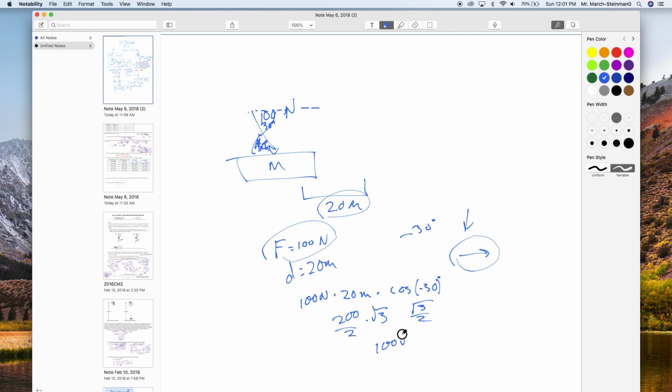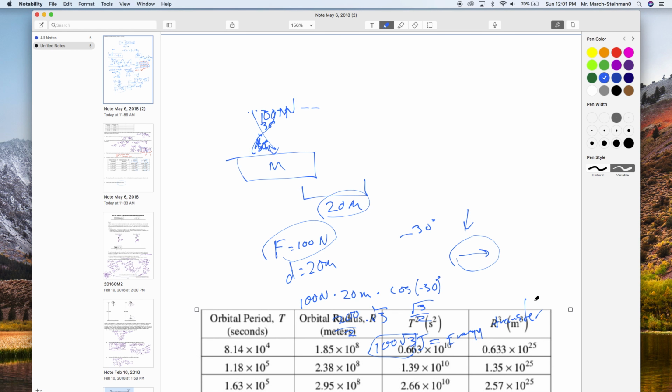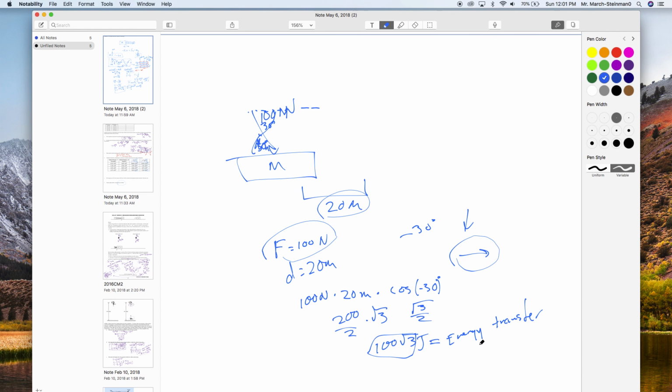So 100 root 3 is my energy. And you can always simplify this to an actual number. Energy transfer. So I've done work and I've done some energy transfer.